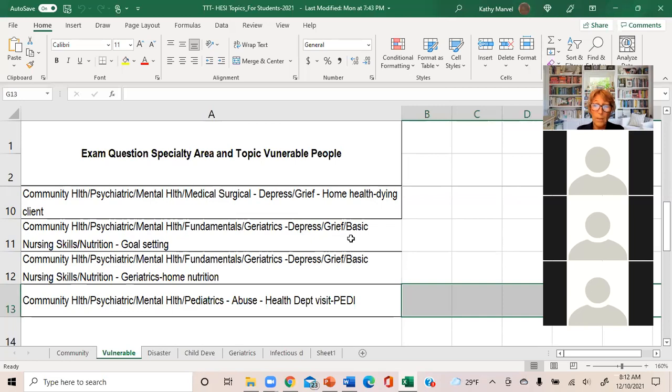Yes. What do you guys think? Maybe how do we treat our dying client with dignity and respect? What do you guys think? Caregiver role strain, identifying caregiver role strain and intervening before abuse. Excellent.